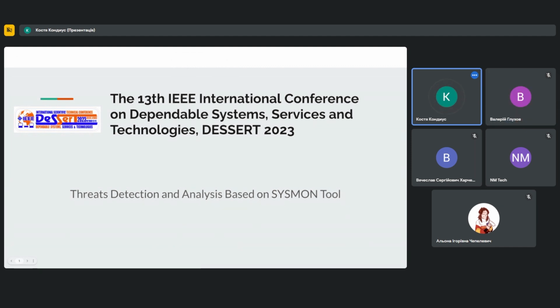Okay. So, hi again, everyone. My name is Konstantin Kondius, and I'm going to represent our article with the subject threats detection and analysis based on SYSMON tool.